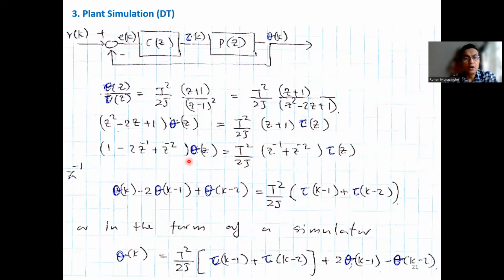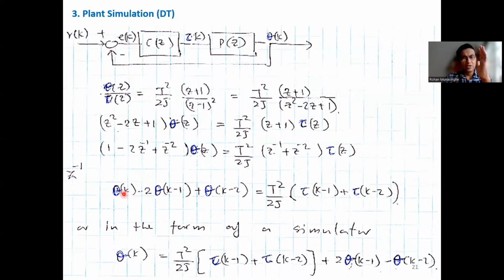And you now expand on the left-hand side. You have theta(Z), and then 2Z to the minus 1 theta(Z), and then Z to the minus 2 theta(Z). Now you know these are different samples of theta in the time domain. In the Z world, it's one expression, but in the time domain, there are different samples. The first one, theta(Z), is theta(k), the present theta, the present heading of the satellite.